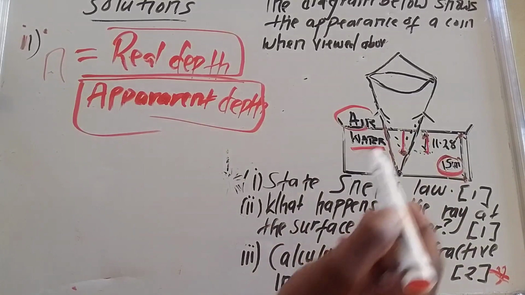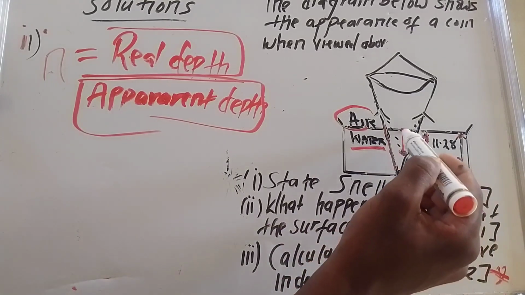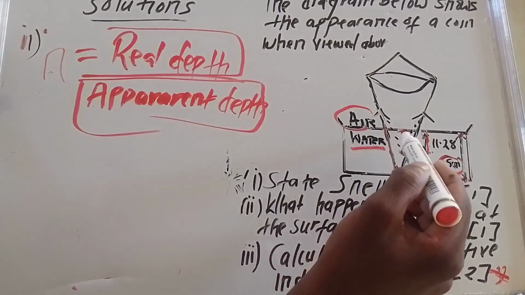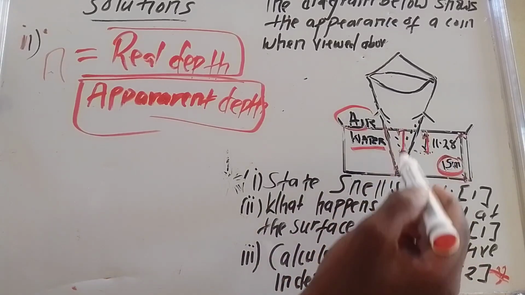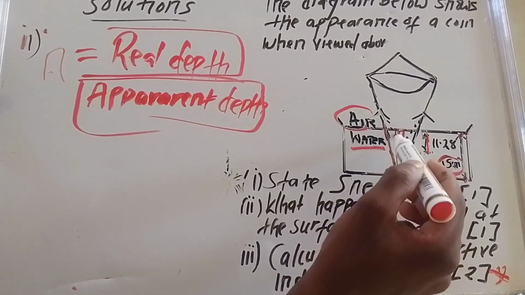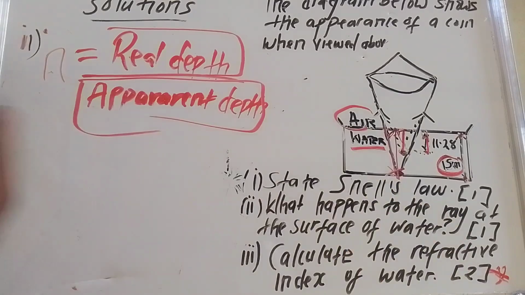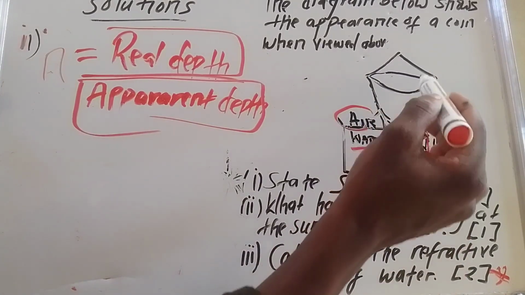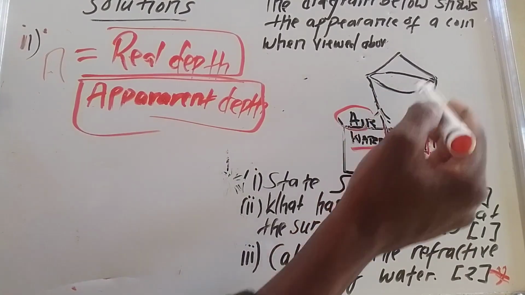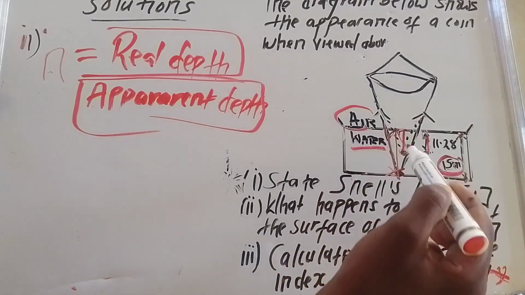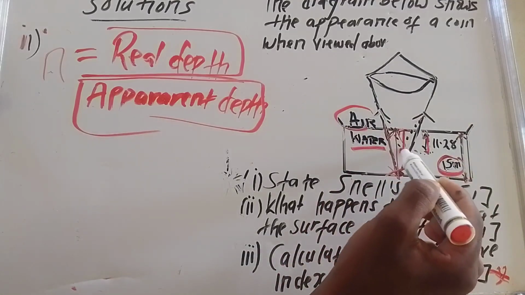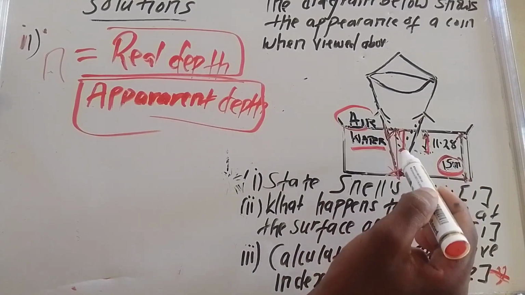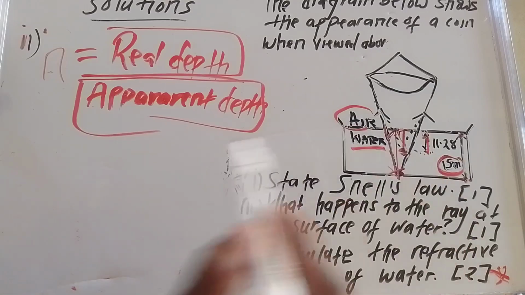Okay, so as I was saying, from this point up to the point where the actual coin is, this is the real depth. And then after being viewed from above, this coin is being viewed from this point as if it is on this point.